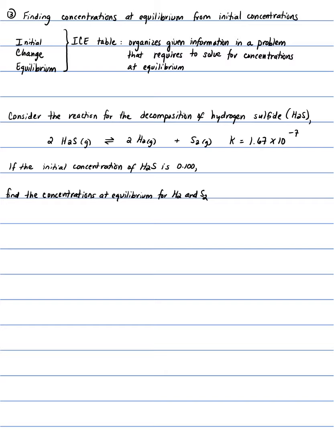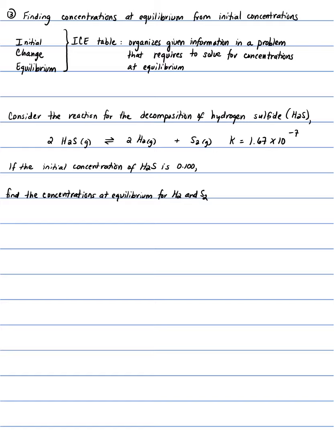An ICE table is just a method that allows us to arrange given information. So you have an ICE table when we're using initial concentrations, looking at how that concentration is changing, and getting finally concentrations at equilibrium. So we have a problem right there, the decomposition of hydrogen sulfide.